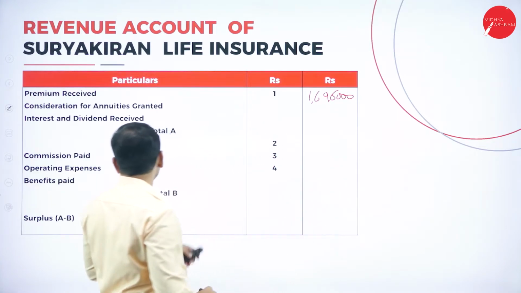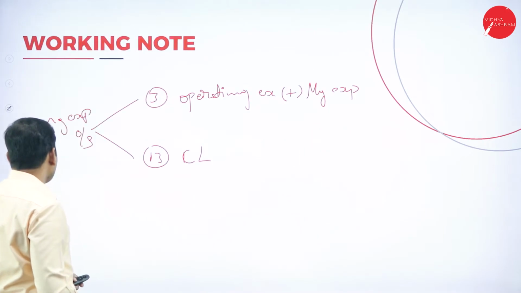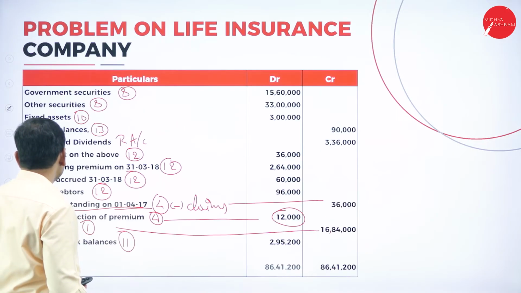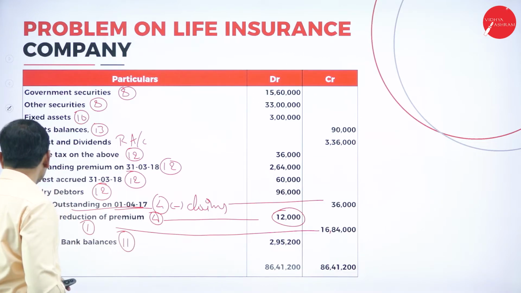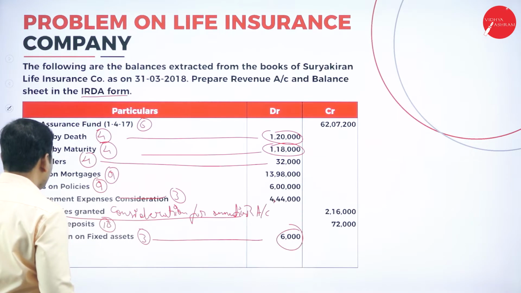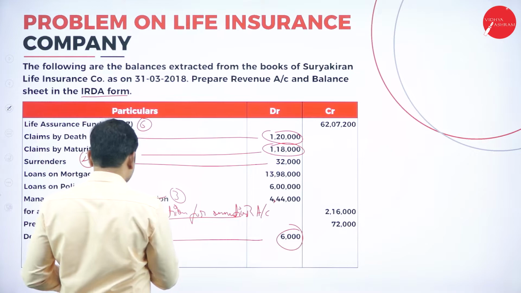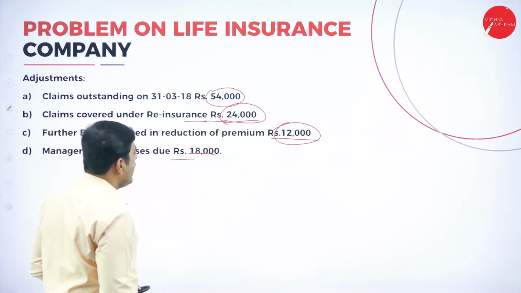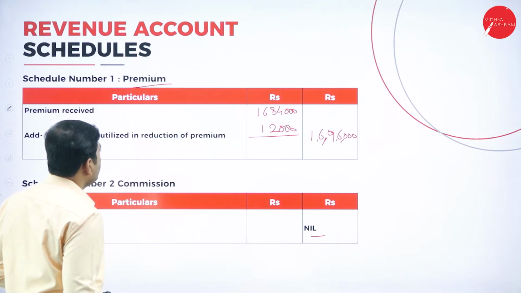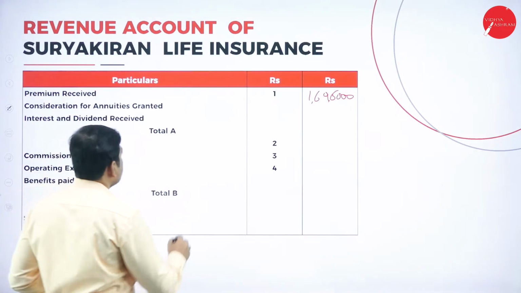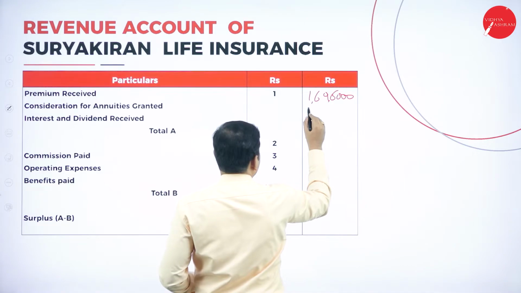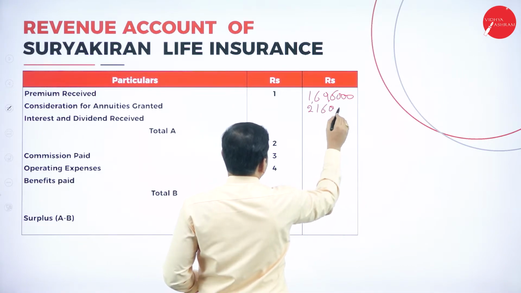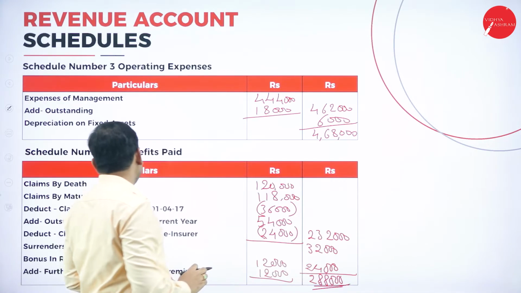Next one, consideration for annuities granted. We have not added it to the premium. First schedule number 1, we can add here. So consideration for annuities granted is 2,16,000. We can add this amount here. Next item is interest and dividend received.